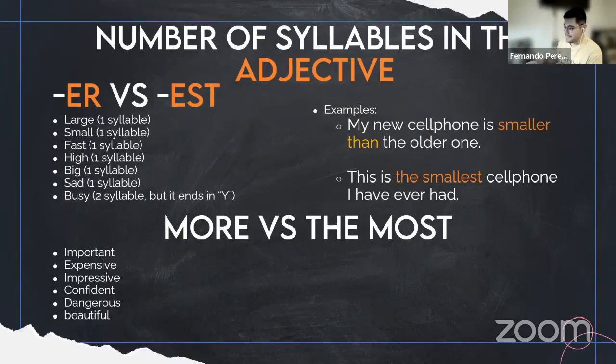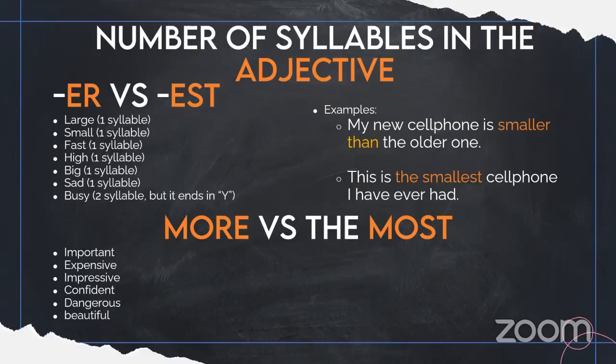On the other hand, we have more syllables in the list. How many syllables does important have? 3, correct.